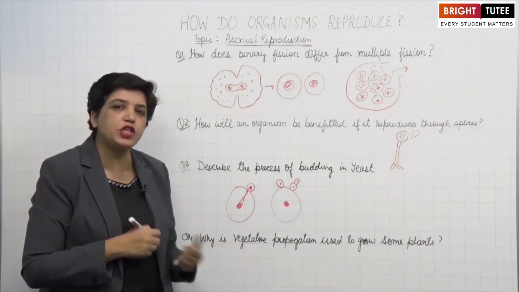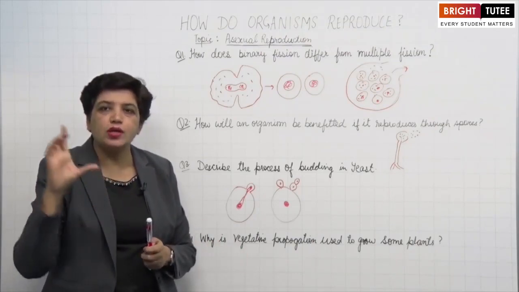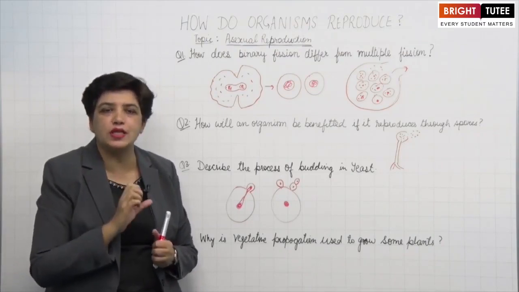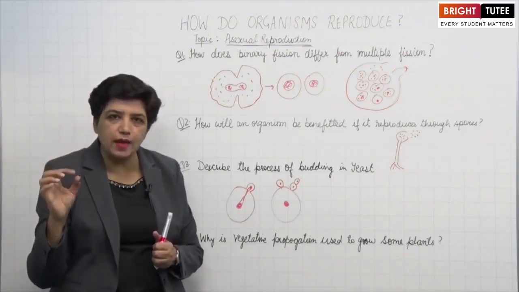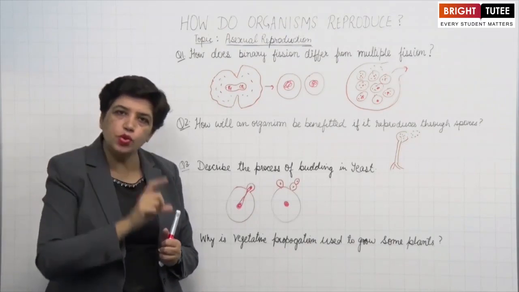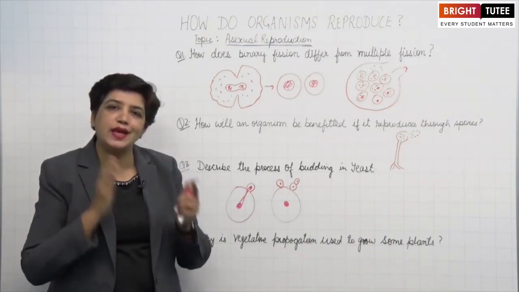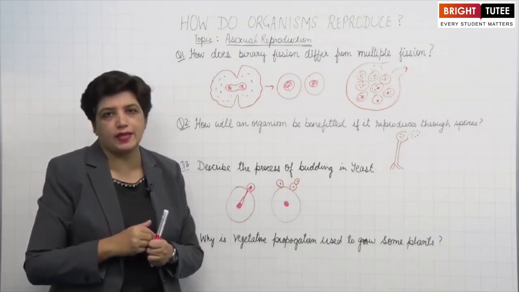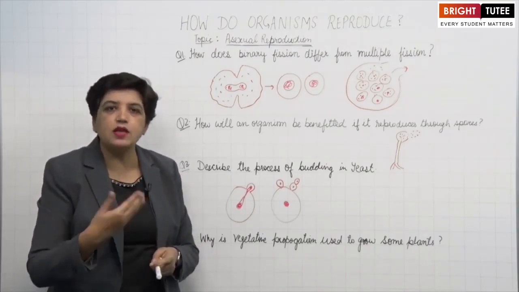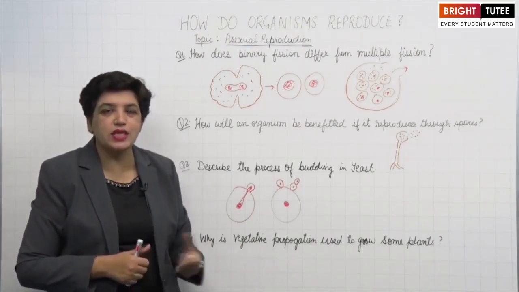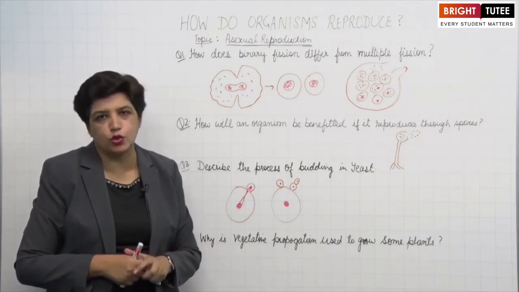But in case of vegetative propagation, we know the part of the plant which we have taken from the parent plant, we know the quality. For example, if you took a stem from a red rose plant, you know the buds will bear the red rose only. So the desirable characteristics of the parent plant can reproduce further through vegetative propagation. So these are some important questions from asexual reproduction.